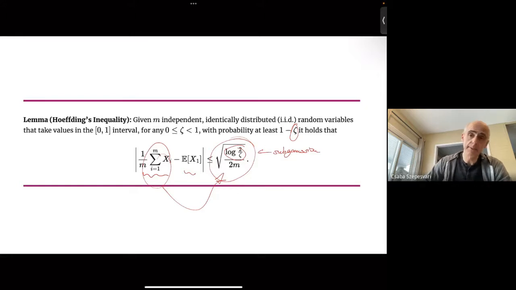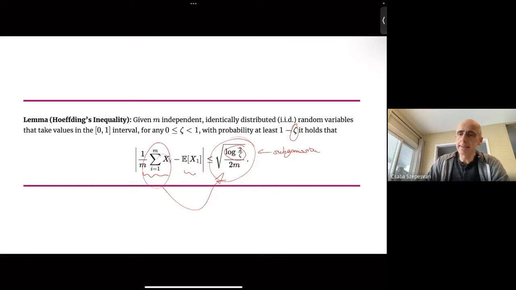This inequality is also tight. The example of Bernoulli random variables with common parameter 0.5 is the case when this is unimprovable. Bernoulli's with parameter 0.5 have the largest variance possible amongst all bounded random variables that live on a 0-1 interval.